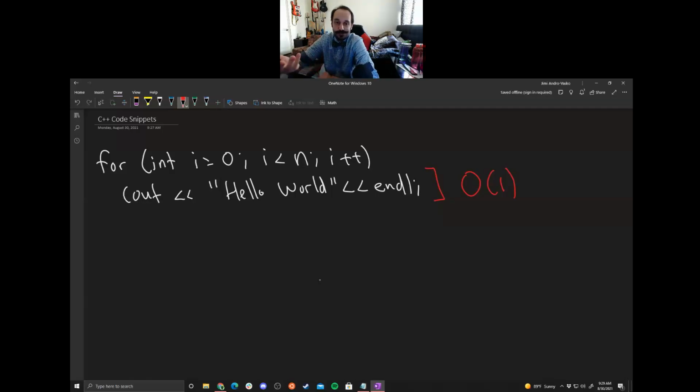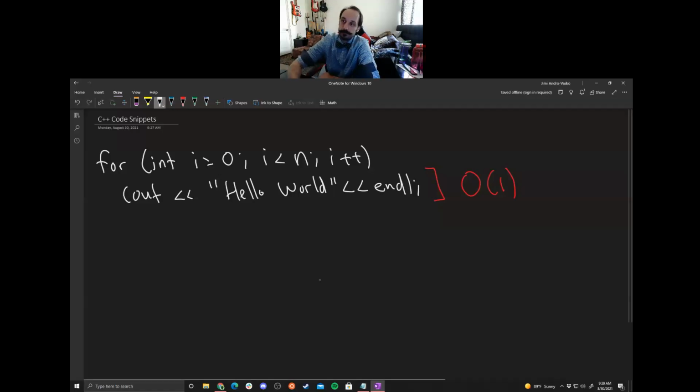It depends on the hardware. Also, if n gets larger, outputting the string hello world is not going to take more time. It might be done more times, but that cout hello world is not going to take more time if n is larger. That's why it's constant in runtime.